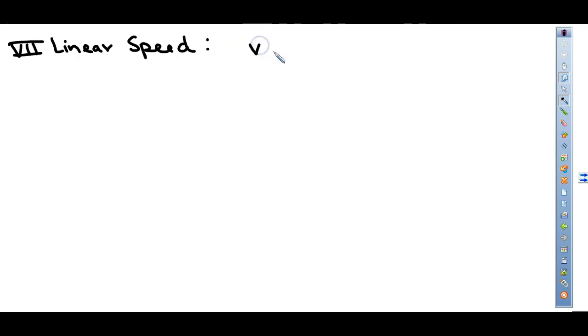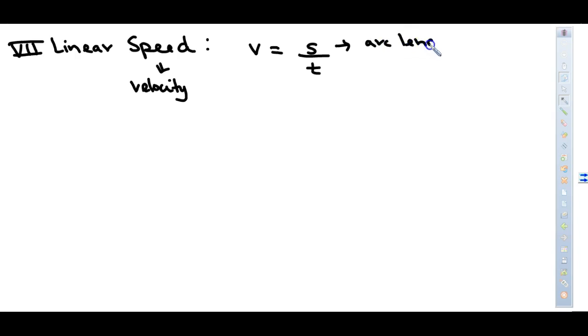So we use V because speed is the same thing as velocity. So V is going to be your speed, and you're going to take your arc length and divide it by your time. Okay, so V is your speed, S again is your arc length, and T is time.